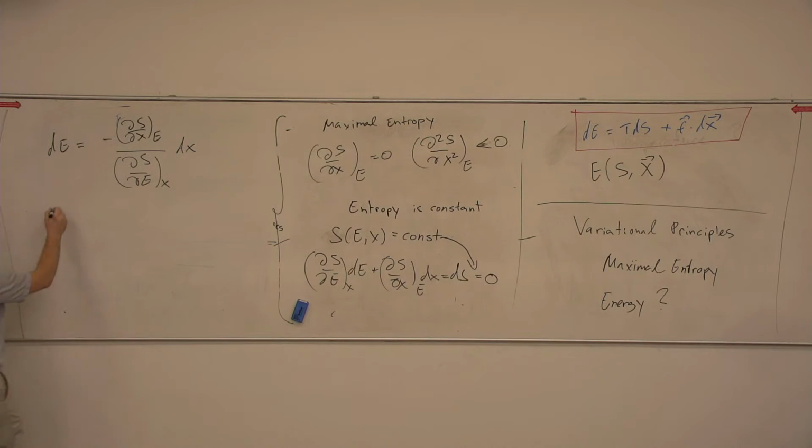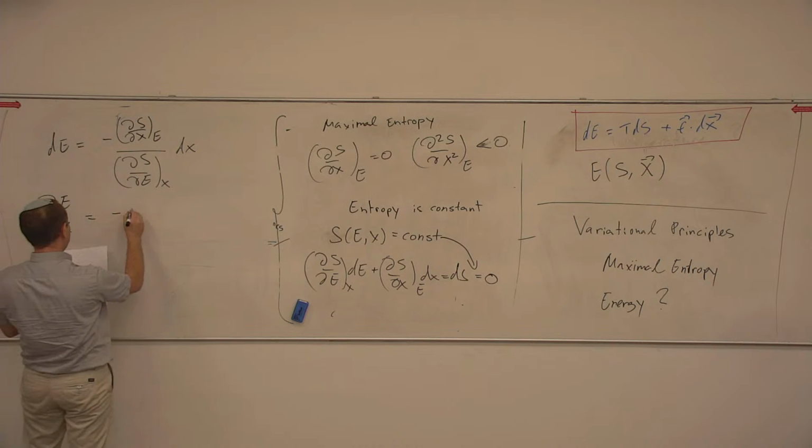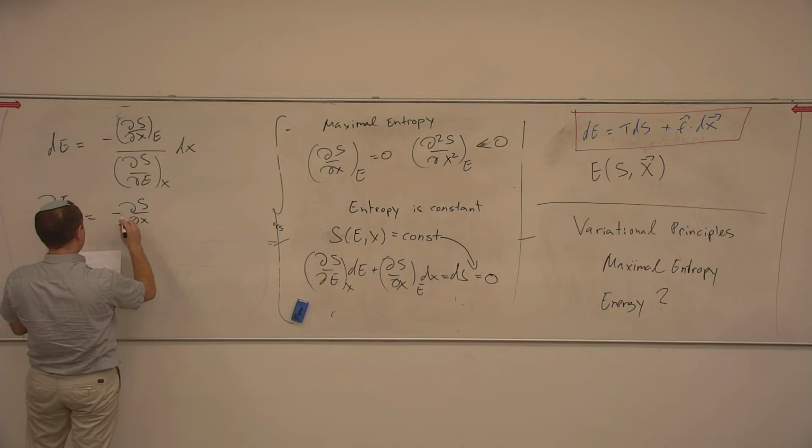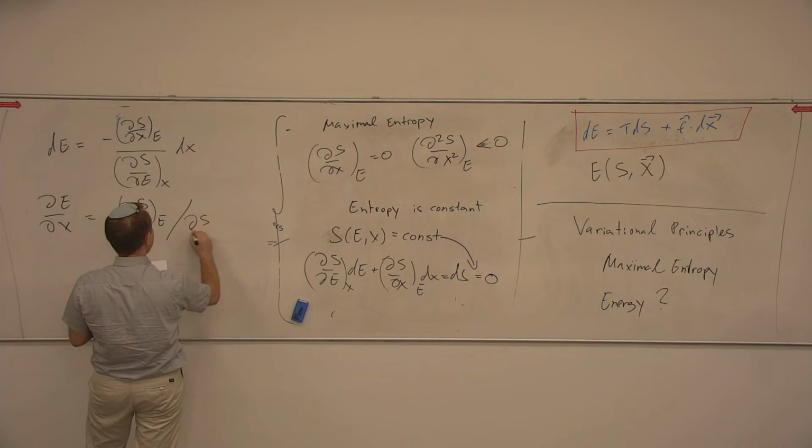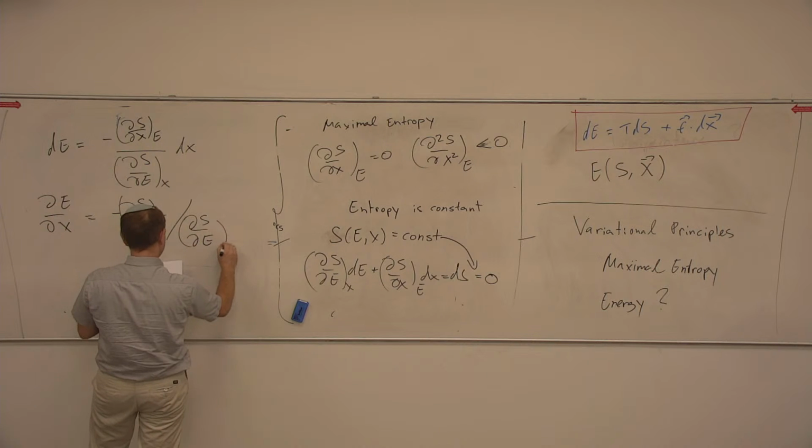So dE/dx equals minus (ds/dx at constant E) divided by (ds/dE at constant x).